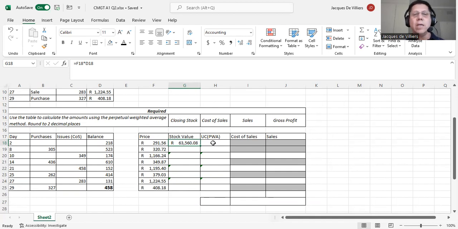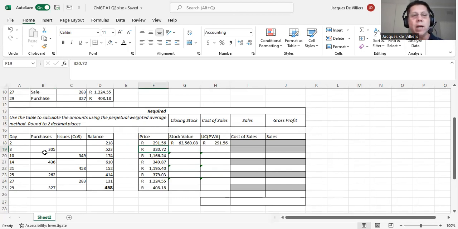These are the only stock units that we have at this point. So there will be no change in the price. It will simply bring in the 291.56. Nothing will change. Okay, but now something happens. On the 8th, we are buying an additional 305 units. And we are buying those 305 units at 320 Rand. So what do we need to do?